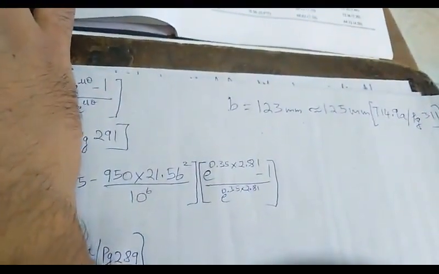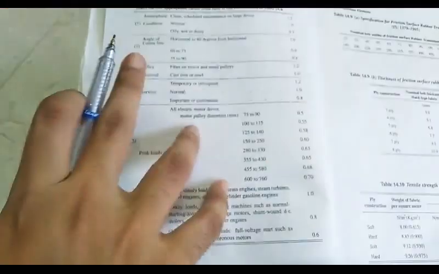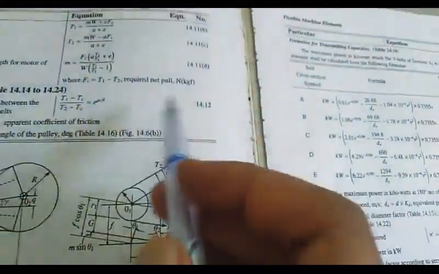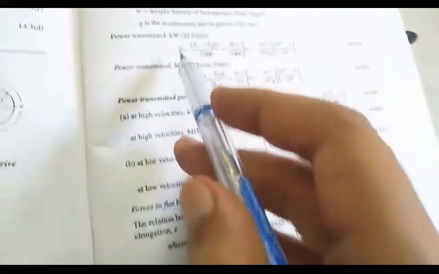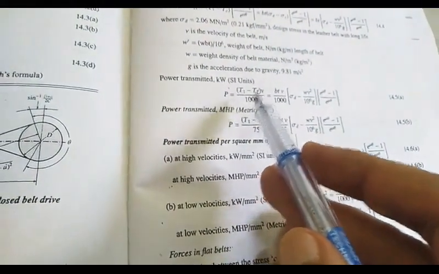Now we shall find the value of belt tensions. They have asked us to find the value of belt tension. So for belt tensions, before taking that formula, we shall take the formula for power. P is equal to T1 minus T2 into V by 1000.